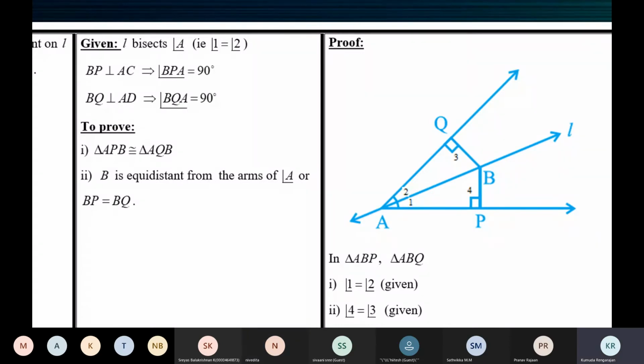B is any point on L. How do you express BP? Don't say blood pressure. We're not doing science.